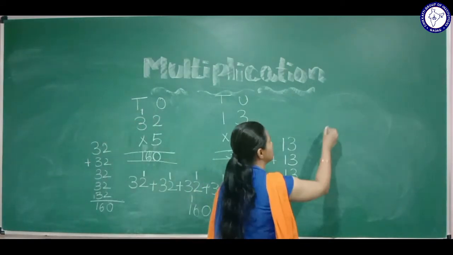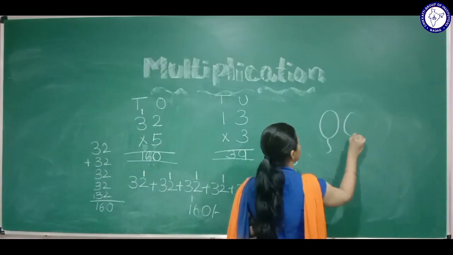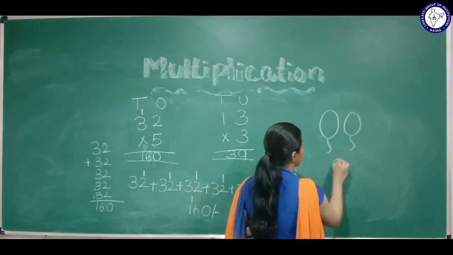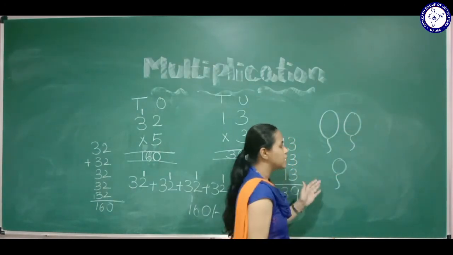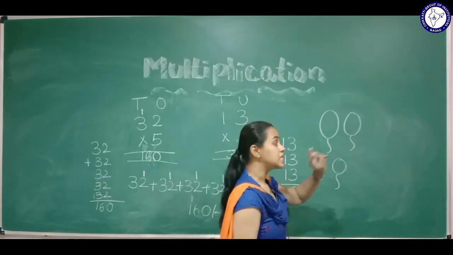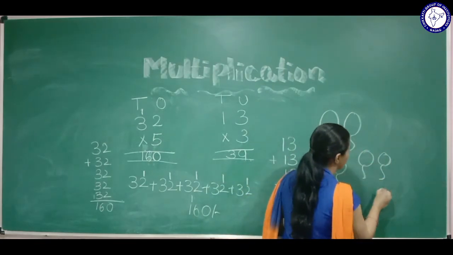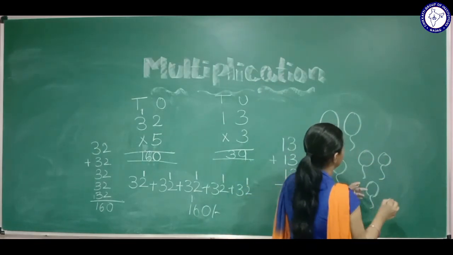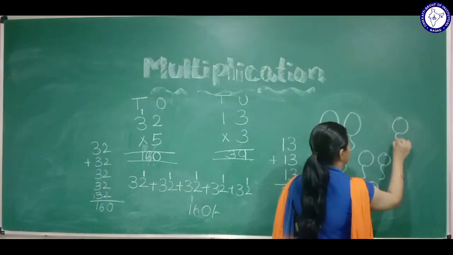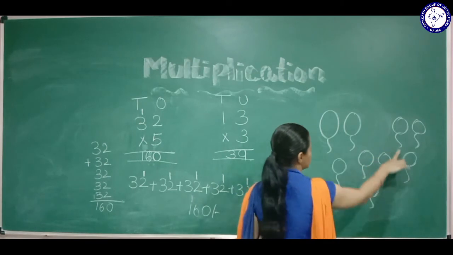So here, in the balloons, we are multiplying the same balloons how many times? 3 times. So 1 time, 2 times, 3 times.